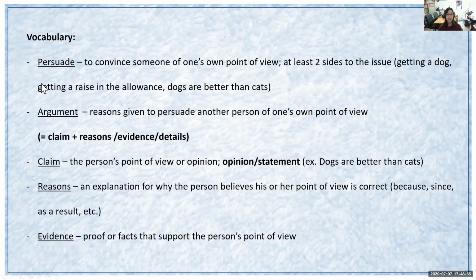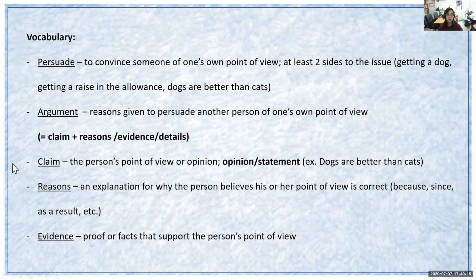We also went over our vocabulary terms of persuade, which means to convince someone of one's own point of view, remembering that there's always going to be at least 2 sides to the issue. We went over our vocabulary word of argument, which is reasons given to persuade another person of one's own point of view, which involves the claim, as well as the reasons, evidence, and details.